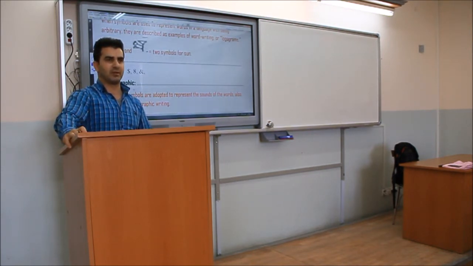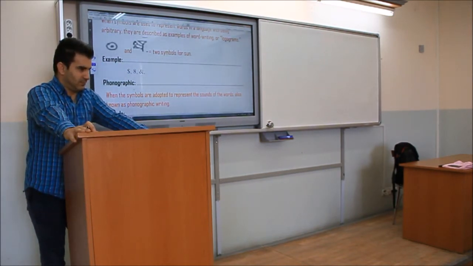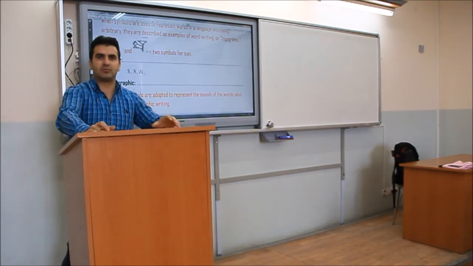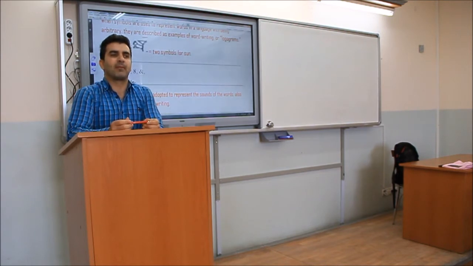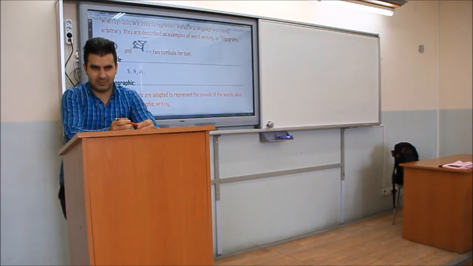Arbitrariness. Word and shape? Connection between shape and the meaning. Word meaning and word shape. For example, we write the word on the board for the sheep, and we imagine an animal, a sheep.